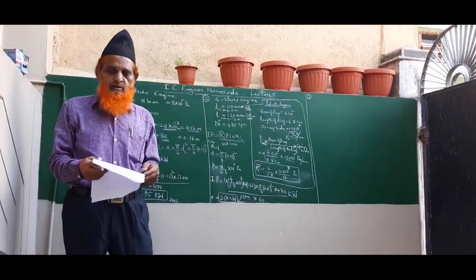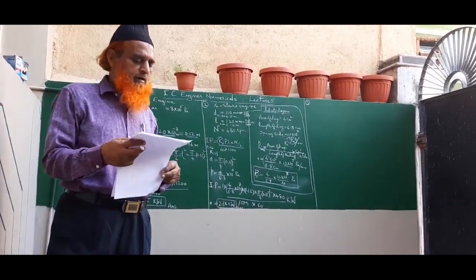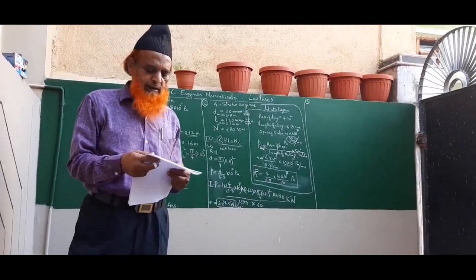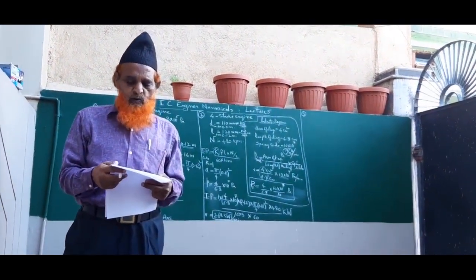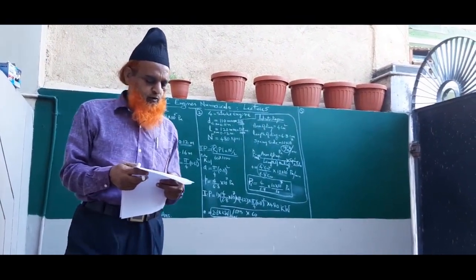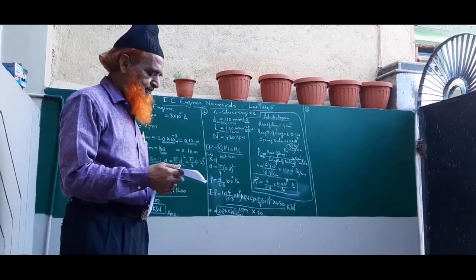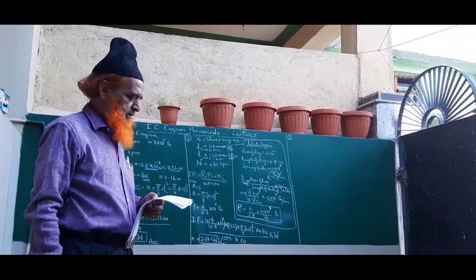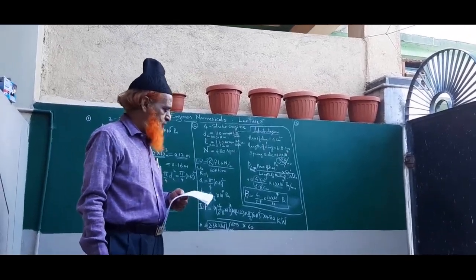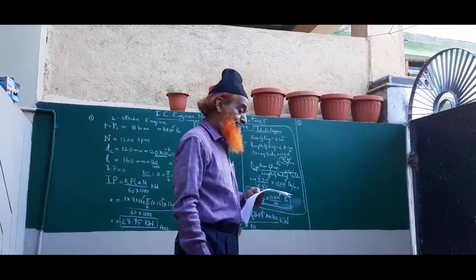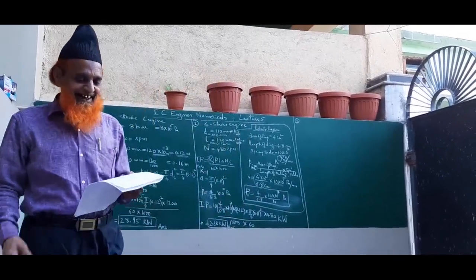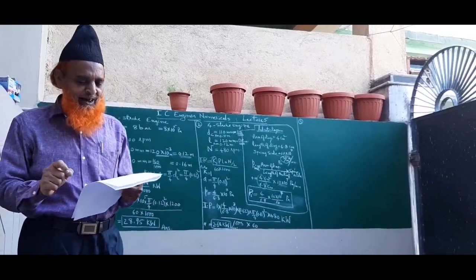The following readings were taken on a 4-stroke IC engine. Diameter of rope 12 mm.